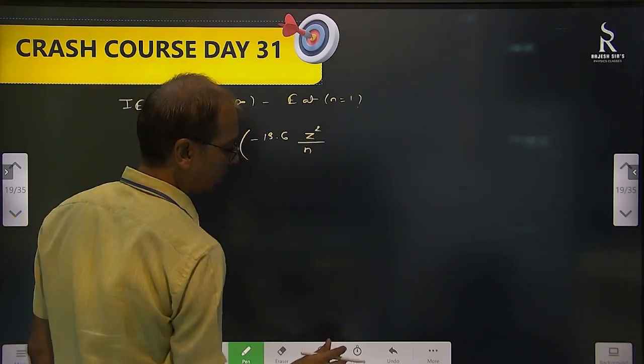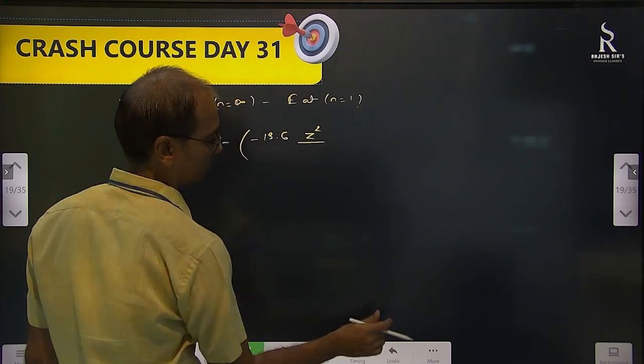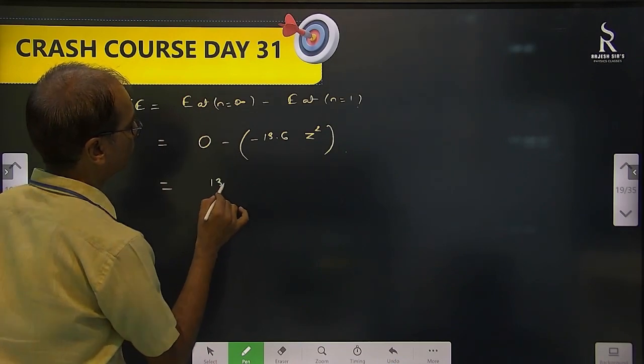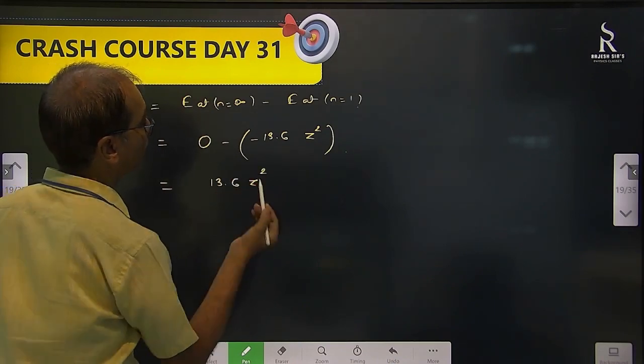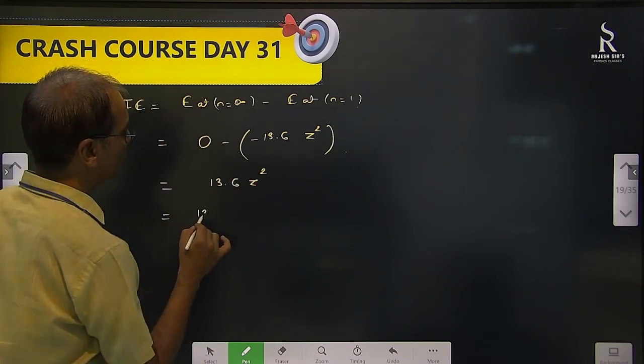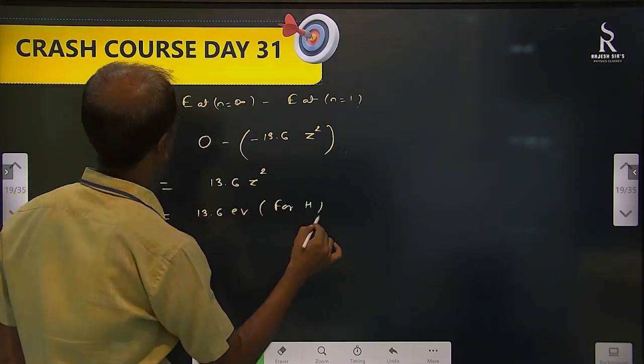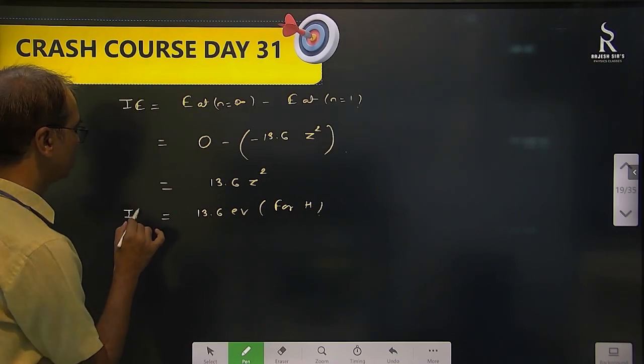So n is 1 anyhow, so no need to write. What are we getting? It is 13.6 Z square. For hydrogen it is 13.6 eV. That is ionization energy.